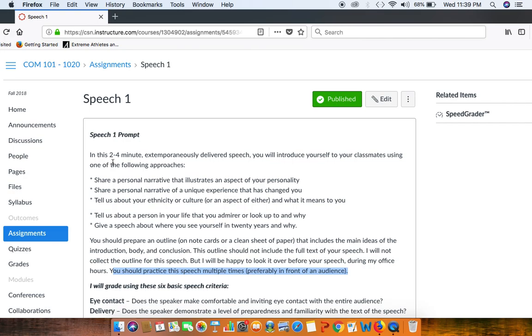So, to truly do well on a 2 to 4 minute speech, say you were going to speak for 2 minutes, the minimum preparation to give a great 2-minute speech would be 2 hours. If you speak for 4 minutes, the minimum would be 4 hours. So 2 to 8 hours of preparation. Now that sounds like a lot, but I guarantee you that if you put in at least that 2 hours of minimum practice, you're going to give an excellent speech 1.